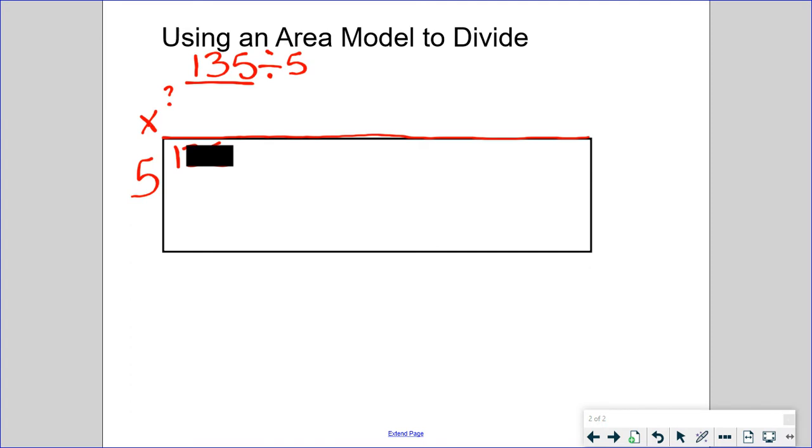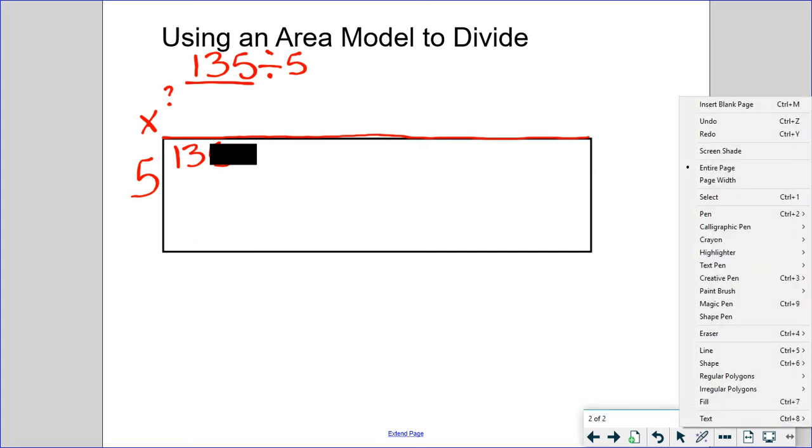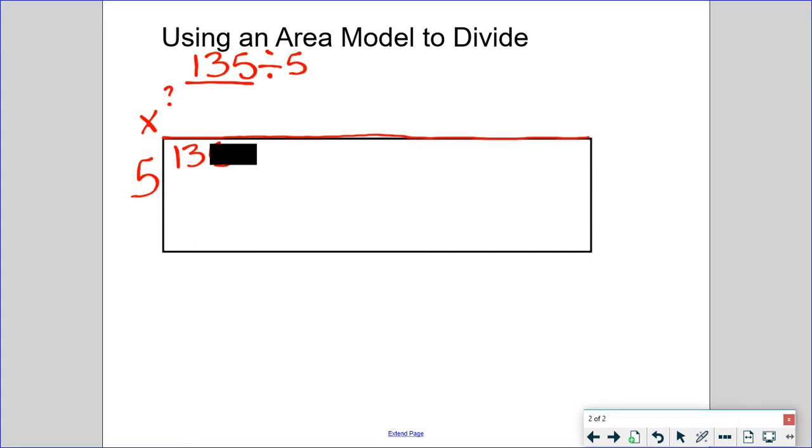Well, no whole number can do that. So then we're going to move this and think, well, what times 5 comes close to 13 without going over? And I know that 2 times 5 equals 10.